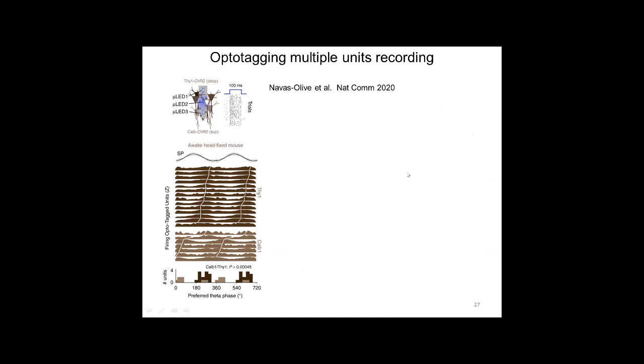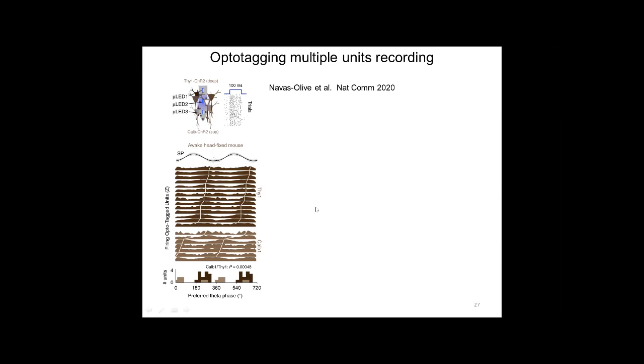Another interesting application here is optotagging multiple units. Using this approach, we can identify cells which are prototypically deep, optotagged as deep or superficial, and evaluate, for instance, whether the deep cells were firing in a particular theta phase, mostly near the theta peak and in the early falling phase of the theta, recording in the stratum pyramidale, whereas optotagged superficial parvalbumin-positive cells are more likely to fire near the theta trough.